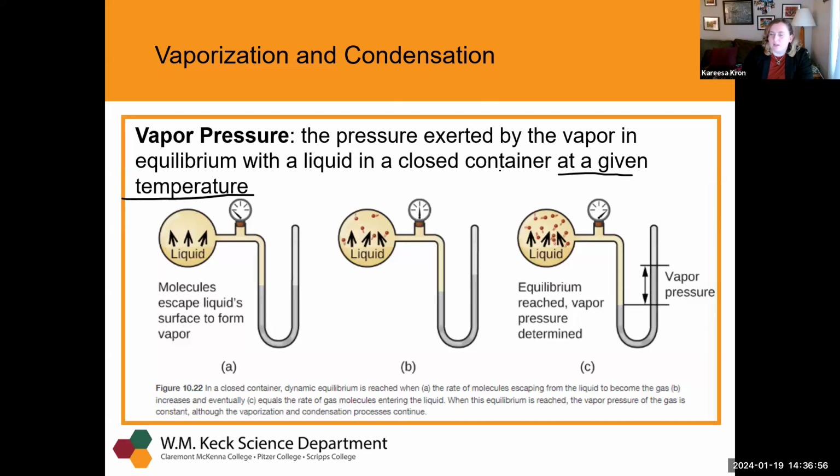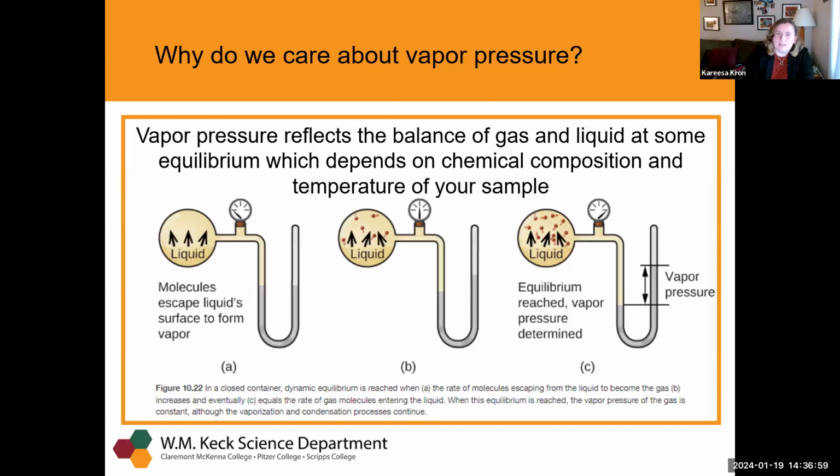But what this means by the pressure exerted by the vapor in equilibrium with the liquid in a closed container is, effectively, what balance of gas and liquid do you have at equilibrium in your sample? At the beginning of this picture, we have our liquid and none of the molecules is in the gas phase yet. Then the molecules start to escape and form this gas, but there is still space in the container for more gas to form.